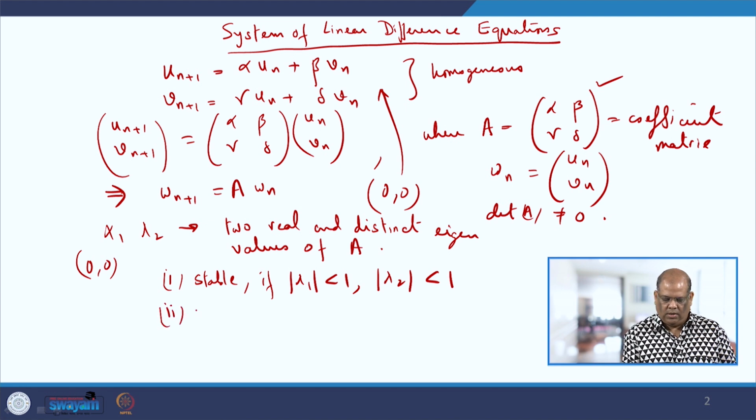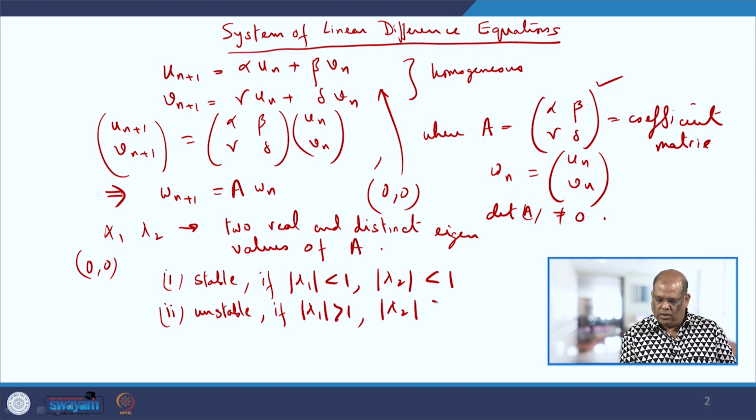It will be unstable if mod of lambda 1 is greater than 1 and mod of lambda 2 is greater than 1. And no definite conclusion if both lambda 1 and lambda 2 are equal to 1.